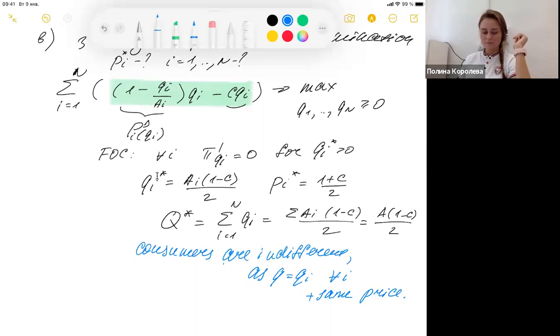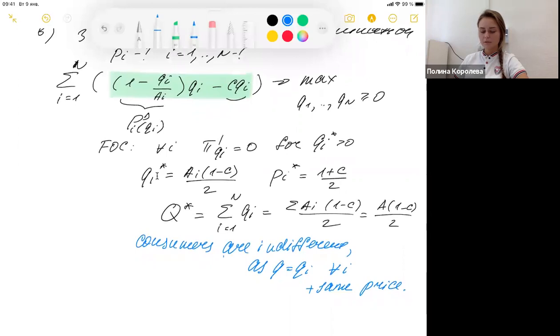So, such a task. Guys, please ask what I need to repeat. Okay, today we worked with monopoly plus perfect competition in the same market.